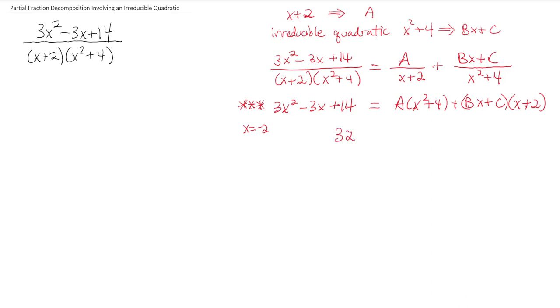So we get 32 on the left hand side of the equal sign. And then we get 8 times a plus a quantity of 0. So this leads us directly to a. A is equal to 4. That's really nice.